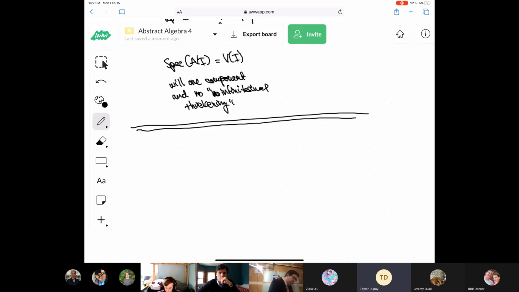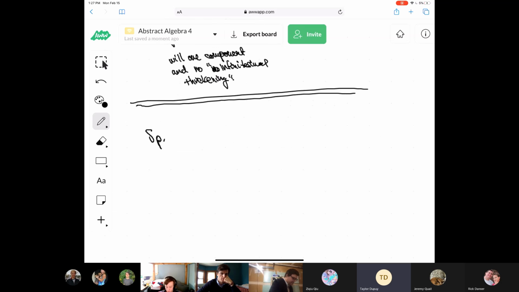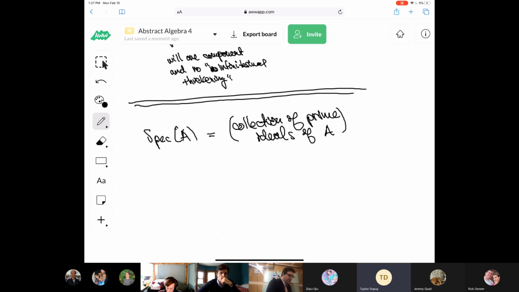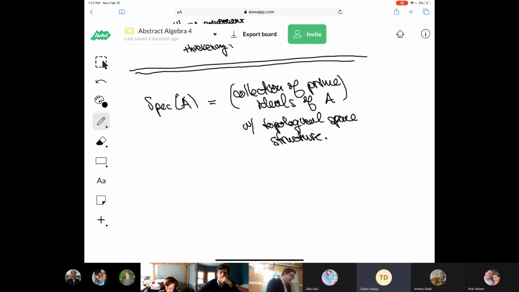Before, I defined spec of A as a collection of prime ideals of A, and then we put a topological space structure on it, so it's a set plus a collection of open sets. This is not quite true. This is a little bit of a lie.